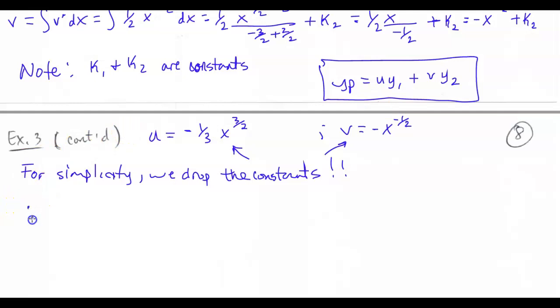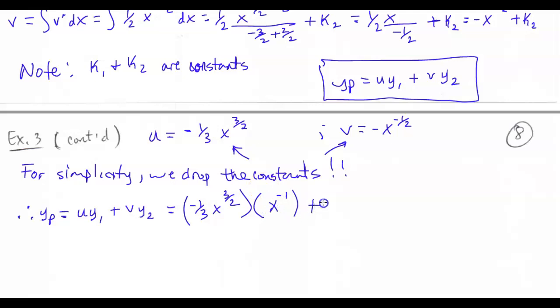So from there, life gets kind of simple. We know that our particular solution has to be of this form. And here, I just write everything out from this point. So that's going to be my u. If you remember my y1, that was x raised to the negative 1. And v, that's negative x raised to the negative 1/2. And y2 was just x raised to the positive 1.